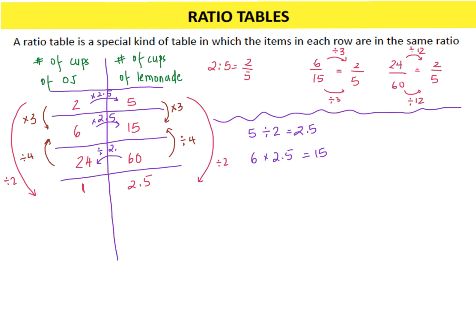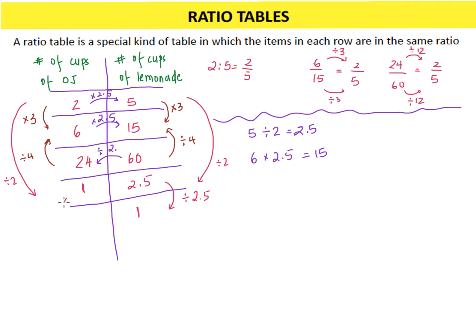Now, what if I wanted to figure out, say, let's make another row. If I wanted to figure out for 1 cup of lemonade, how many cups of OJ I need? I know I can get from 2.5 to 1 by dividing by 2.5.